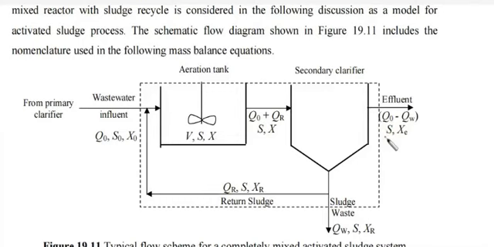S and X suffix E are the substrate and biomass concentrations in the effluent. Some of the sludge we take out permanently, and some is recycled into the aeration tank. So this is the system.